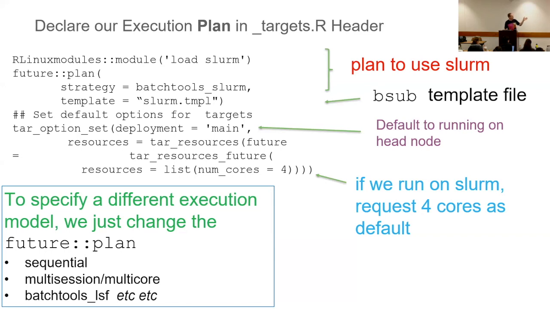Interestingly, we changed from the LSF job scheduler to Slurm, and it was really easy: just change the plan to run exactly the same kind of workflow with a completely different scheduler. We can set some defaults here, in this case the required job scheduler settings like job timeout and number of cores and so forth. But this is a really important idea: for different situations we have different plans, and this depends on our particular institution, our particular computer.